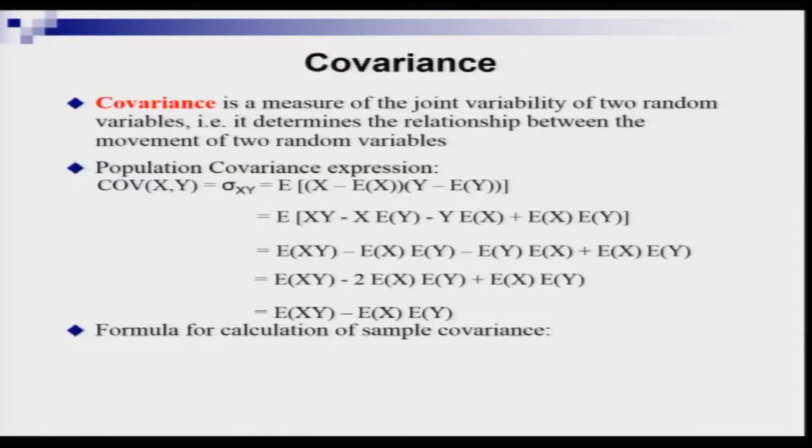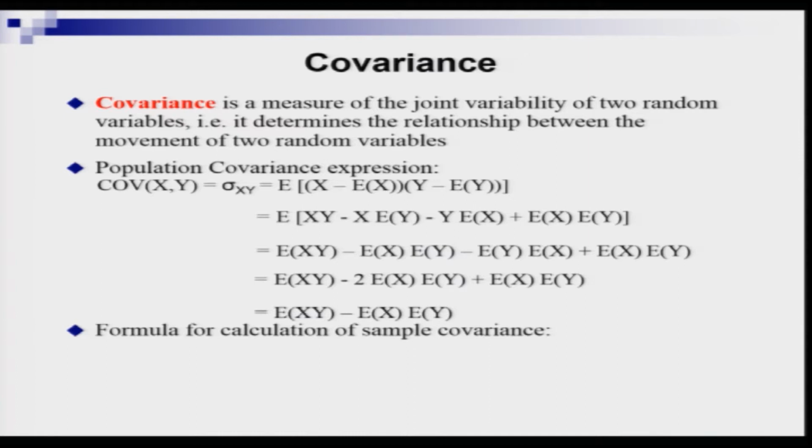These questions could be answered through the concept of covariance. Covariance is basically a measure of joint variability of two random variables. In other words, it determines the relationship between the movement of two random variables, say x and y.